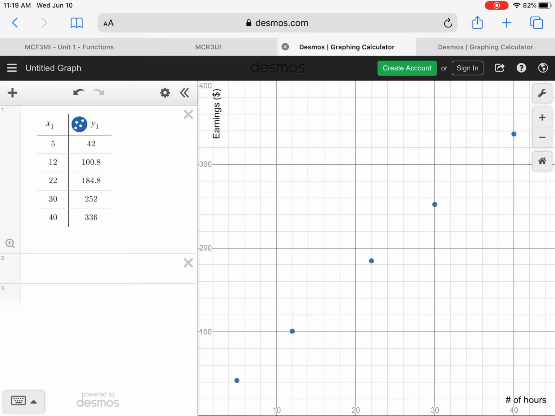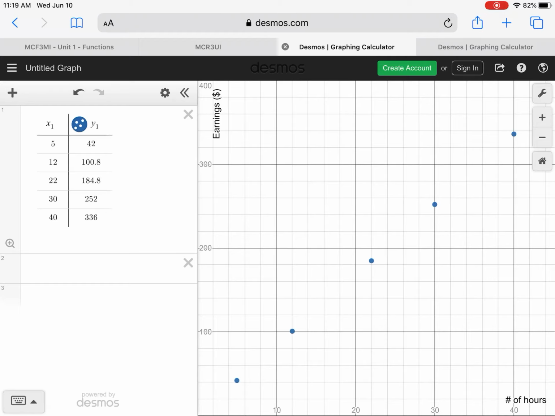So Desmos sometimes is going to alter your numbers a little bit without changing the fact that you can see all of your points. So we can see the graph here, and I've labeled our axes, number of hours on the bottom, earnings on the side.